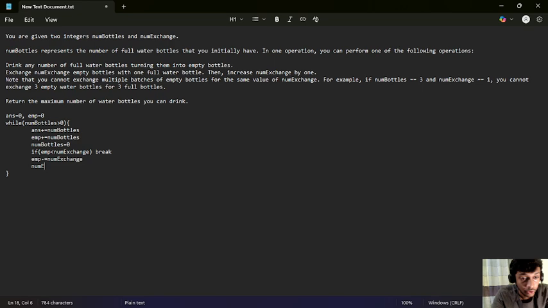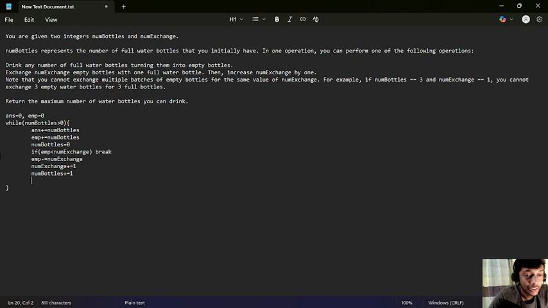Num exchange plus equals 1. Then what else is mentioned in the question? After exchanging, we see that num bottles plus equals 1. We have got a new full water bottle. This is the process.